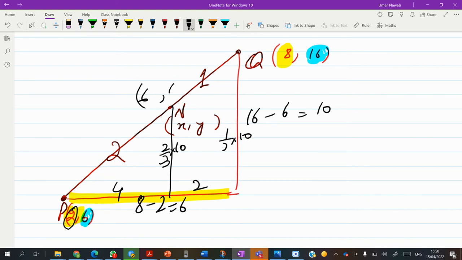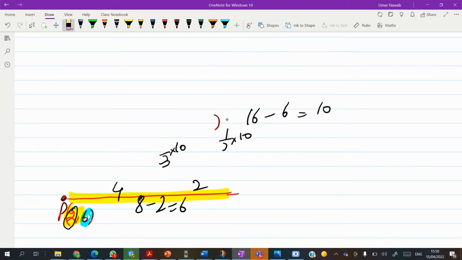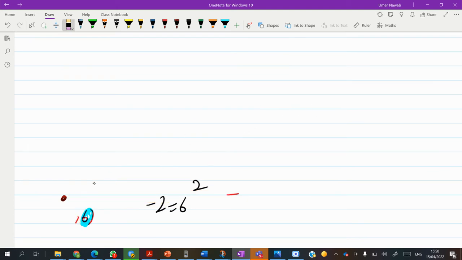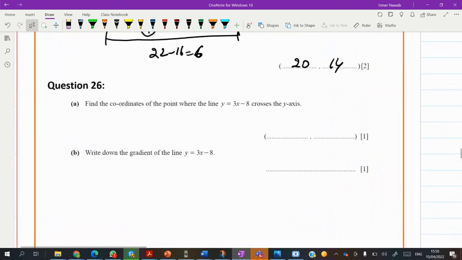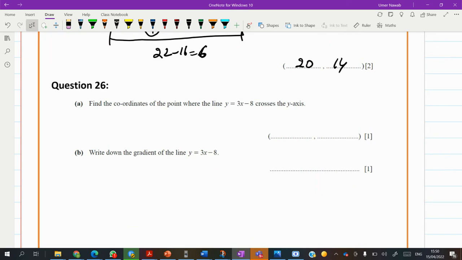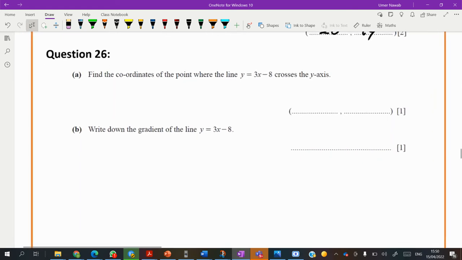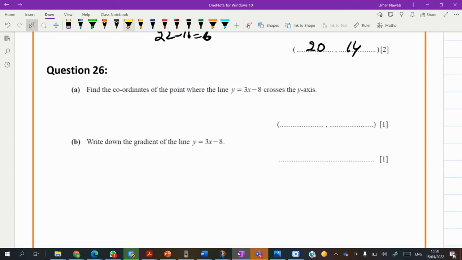So I'm going to write here 6 plus 2 over 3 of 10, which gives you the y coordinate. The idea is the same: find the difference of x coordinates and the difference of y coordinates, check in which ratio it is divided, and what is the total number of parts. So 2 over 3 and 1 over 3, you can do it the same way and get the coordinates. It's a good tricky question.